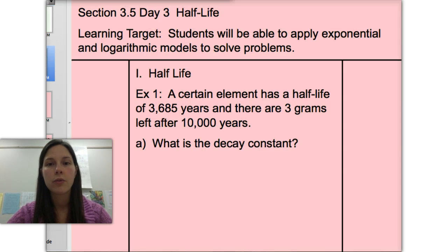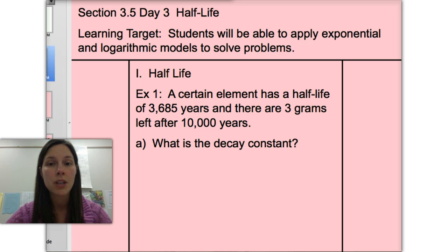All right, so starting off with our first half-life question. A lot of radioactive substances decay at what's called a half-life. So we know how long it takes for half the material to decay. What you need to remember is that if you start with 1 gram, it takes just as long for that to decay to half a gram as it does for 1,000 grams to decay to 500 grams.